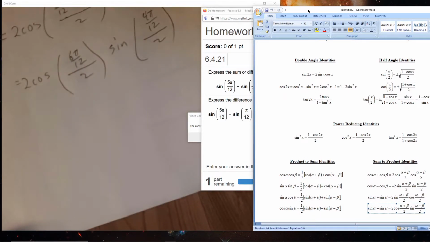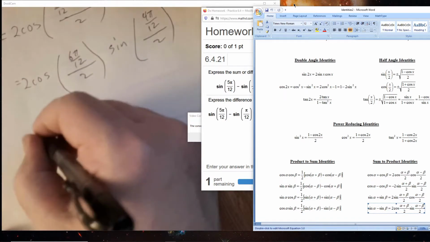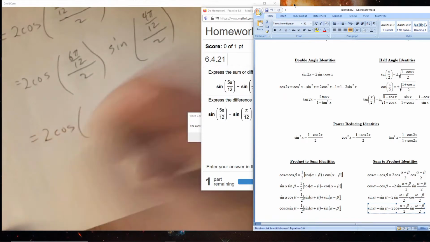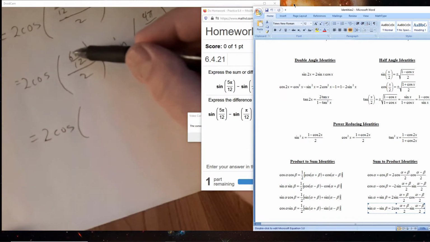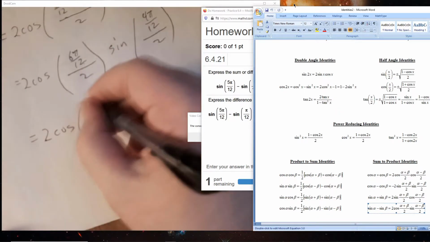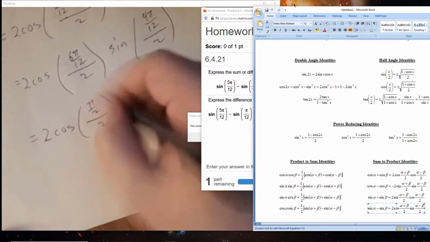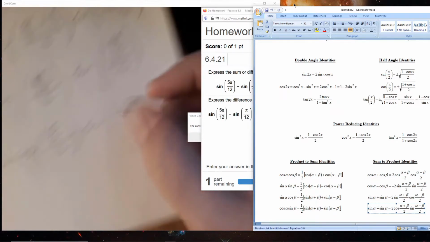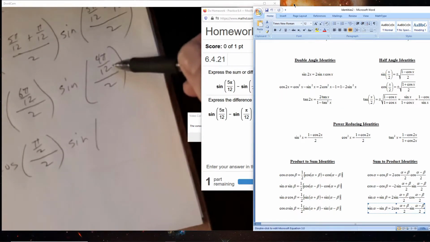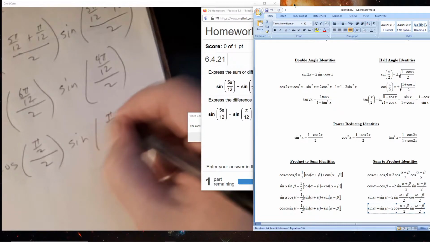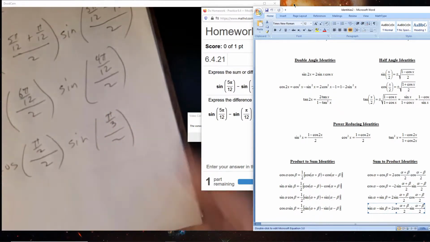Six over 12 is pi over 2, still all divided by 2. And 4 pi over 12 is pi over 3, and that's still all divided by 2.